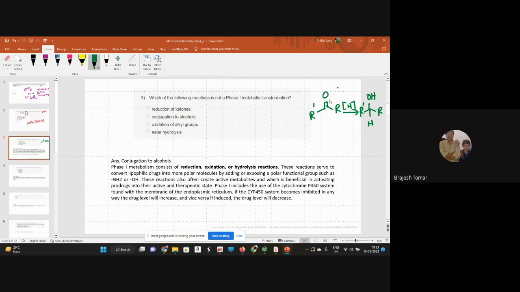More polar, definitely. A hydroxyl group is introduced in this structure. So definitely it is becoming the more polar one.